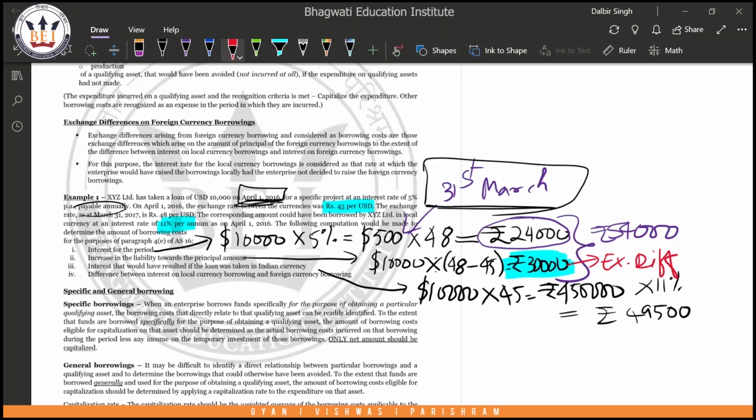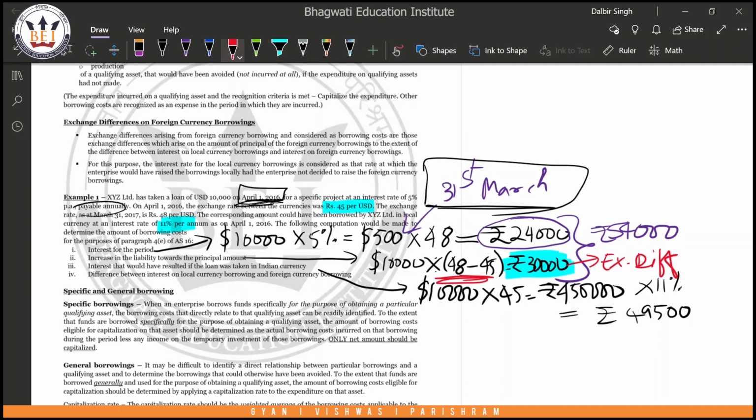Why is this exchange difference coming? It's coming because of the change in exchange rate. So whenever you borrow in foreign currency, you are always exposed to exchange fluctuation, which is exchange difference.